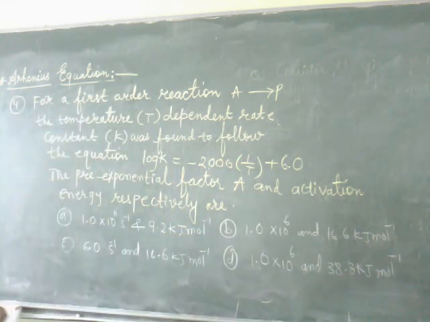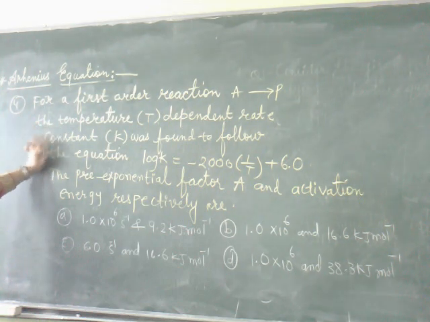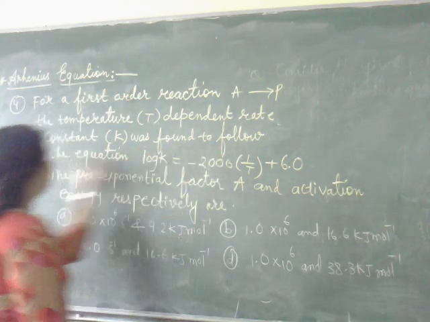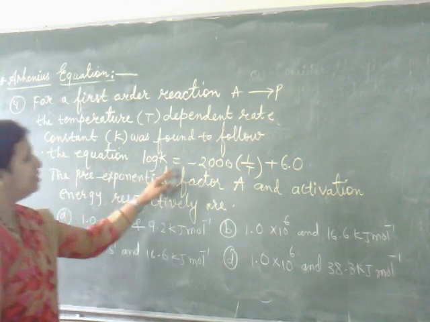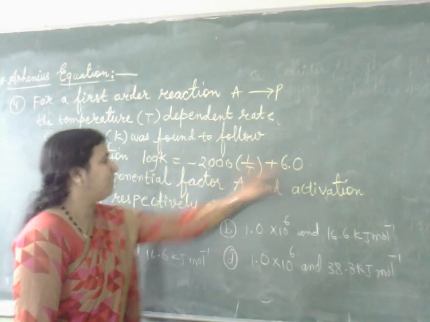Okay, so four options are given. What is the question here? The question is too big, but question it is. For a first order reaction, A gives product. The temperature dependent rate constant K was found to follow the equation log K is equal to minus 2000 1 by T plus 6.0.